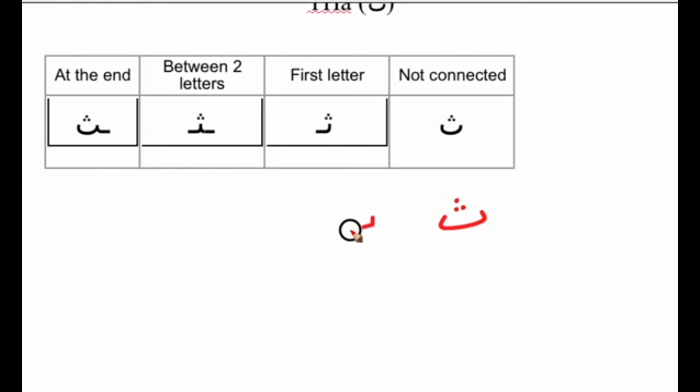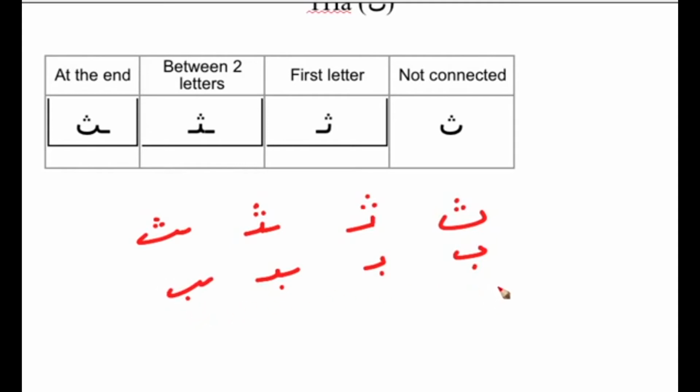In the beginning you say Tha. In the middle, between 2 letters, it is like this, and this is how it is at the end. So we learned about Ba, just to refresh your memory. The dot is underneath, and here is Ba in the beginning, here in the middle, and here at the end.